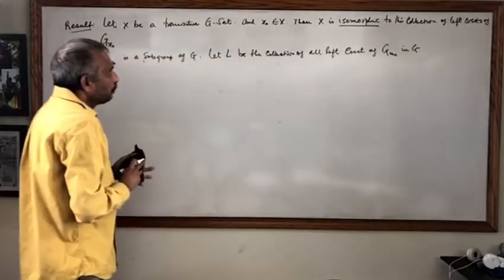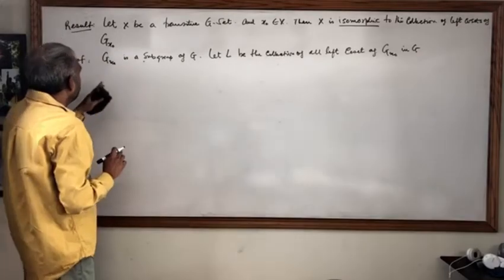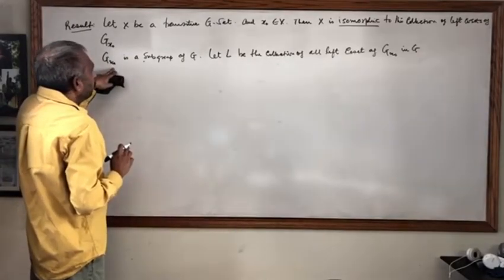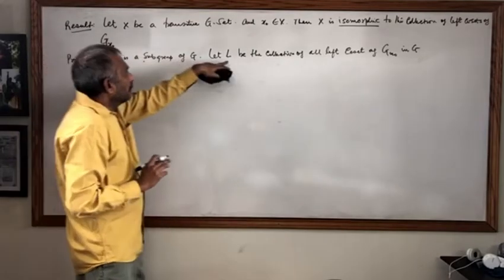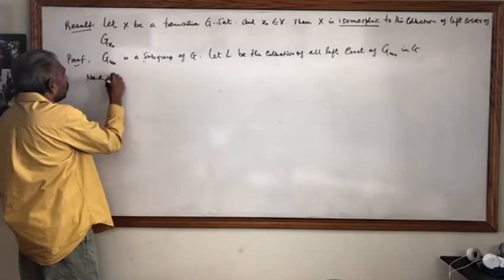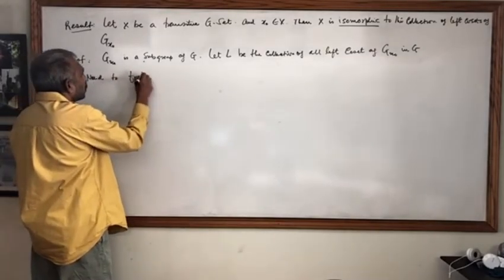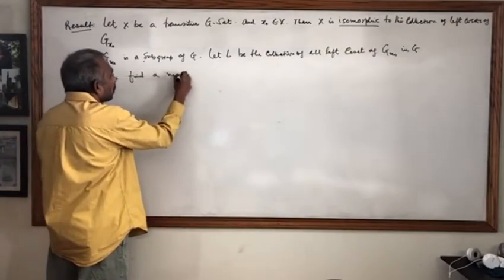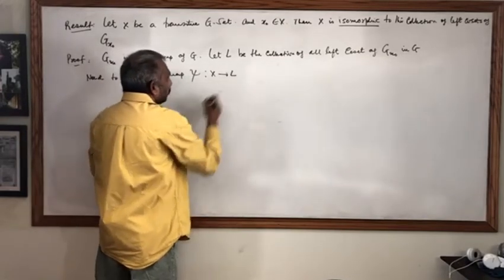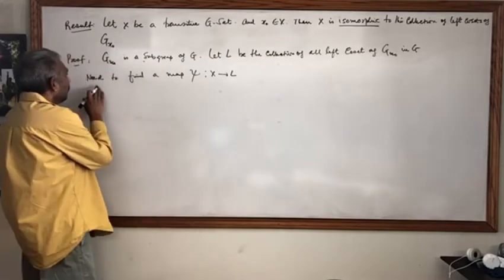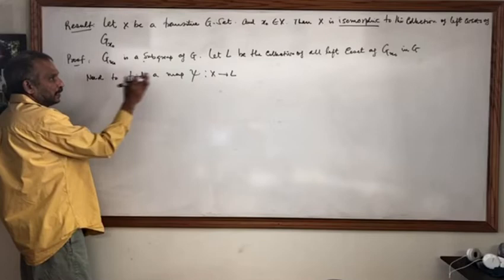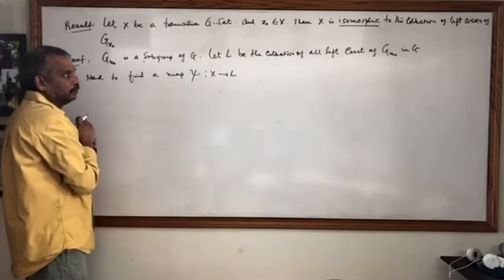So what we need to prove is that we need to find a map psi from X to L that is a bijective map and satisfies the isomorphism rules.